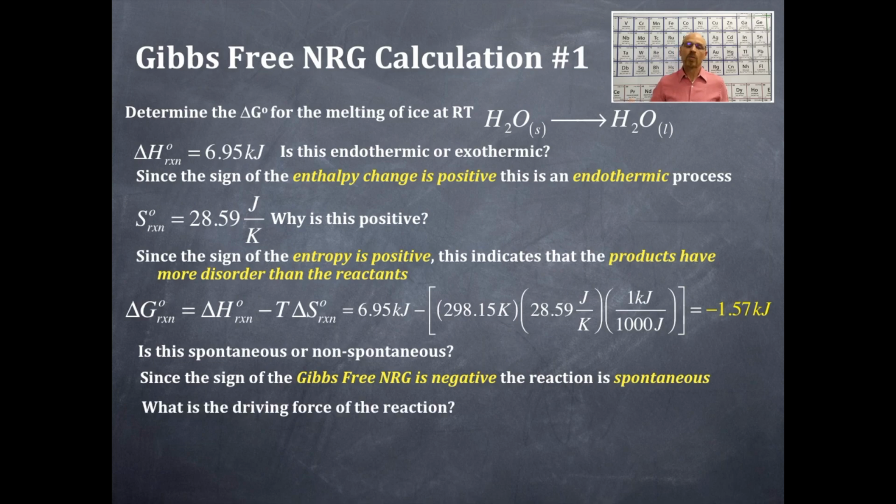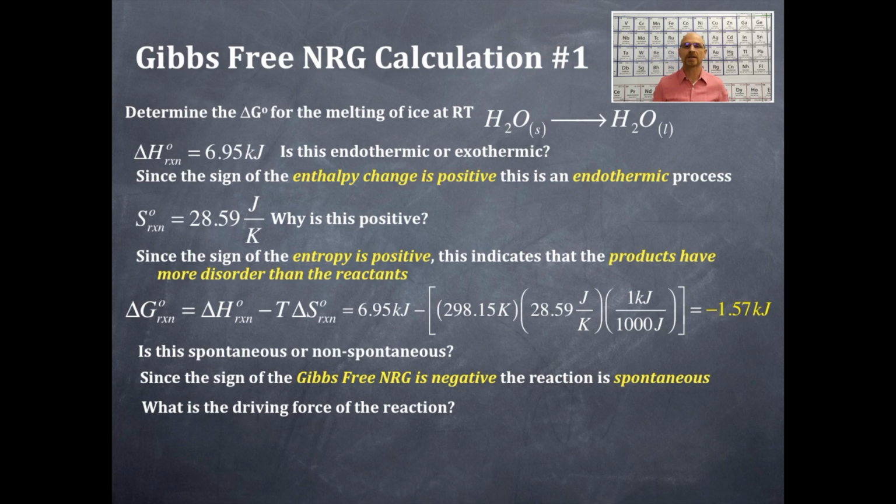Now what is the driving force for this reaction? You should see that the enthalpy is endothermic, and the entropy is positive and more disordered. Therefore, they're working in opposite directions here. So we've got to figure out what is the overall driving force.